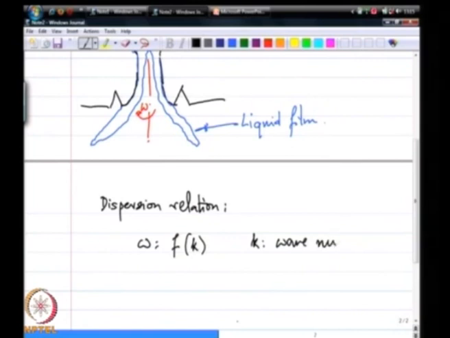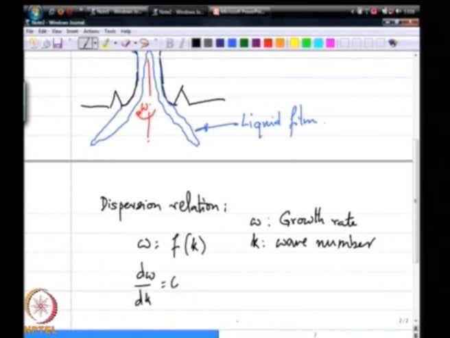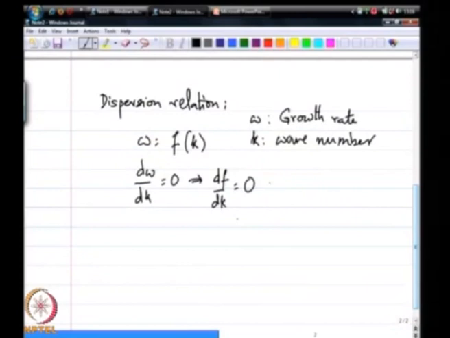We looked at least 3 examples where we derived this omega, the growth rate, as a function of k, and we find the value of k at which d omega by dk is 0.